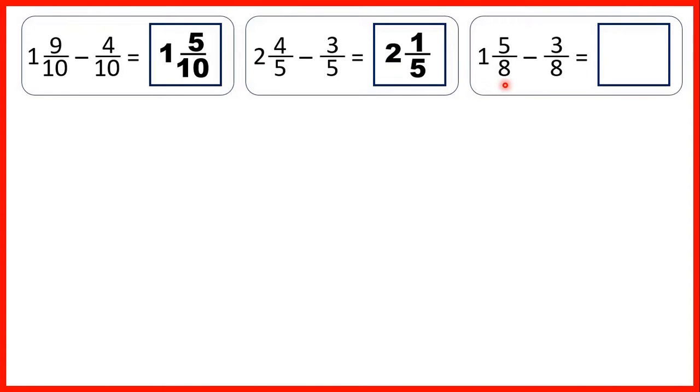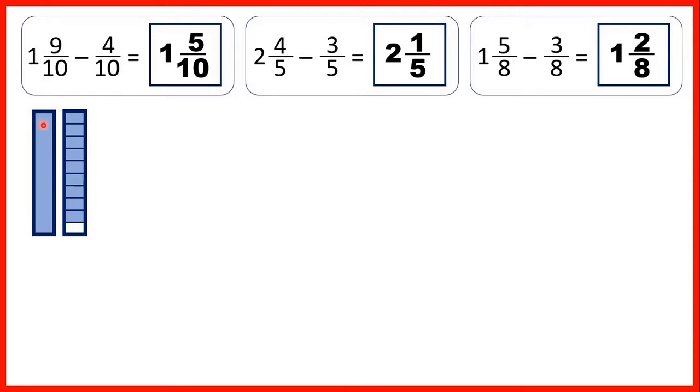Finally, 1 and 5 eighths minus 3 eighths. When we subtract fractions, the denominator stays the same, and 5 minus 3 is 2. We still have our 1 whole, because we're not taking any wholes away, so that gives us our answer, 1 and 2 eighths. So we can show fraction bars to show what we did here.